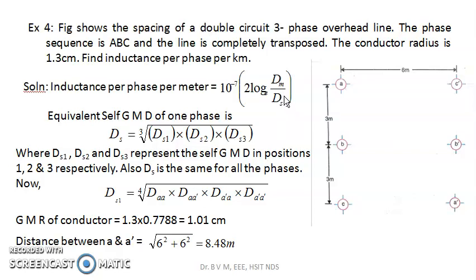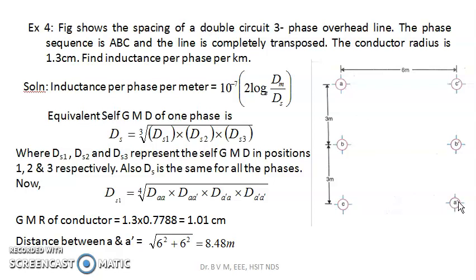Now you need to calculate the self GMD. If you recall, that is the r dash. The distances are between conductor A and A, A and A dash, A dash and A, and A dash and A dash.